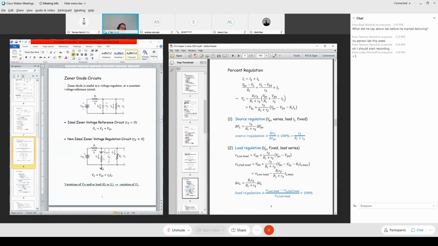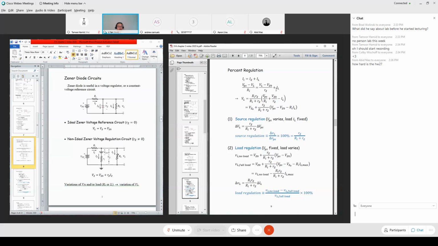The load voltage subtract VZ0 is the actual voltage drop across RZ, and dividing by the resistance gives you the Zener current, which is the first term on the right-hand side. The second term on the right-hand side is just the load current. So we derive this equation by the node voltage method.